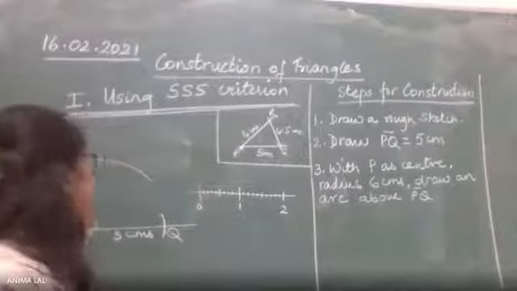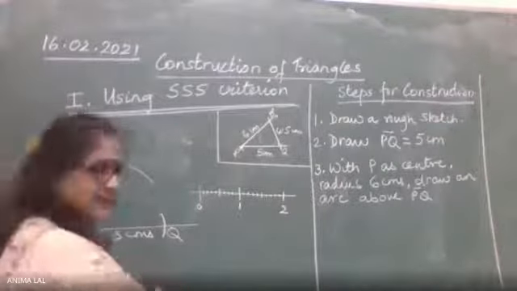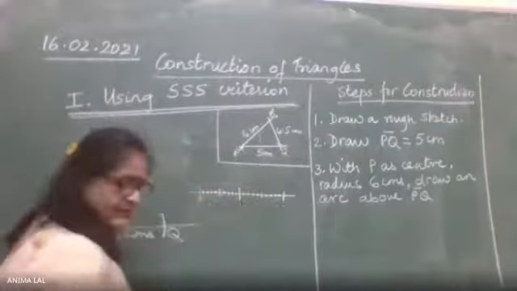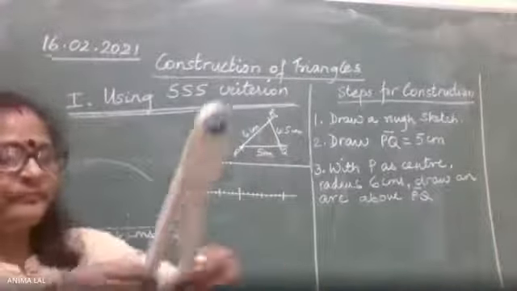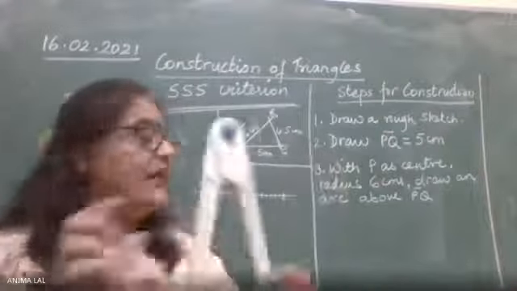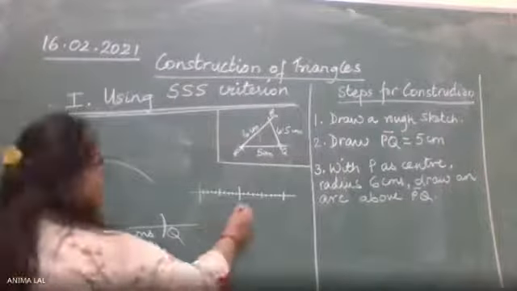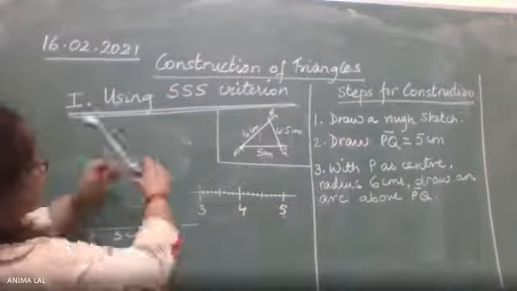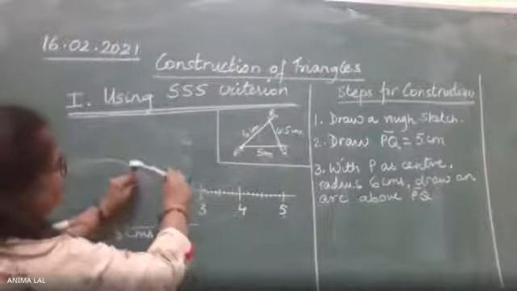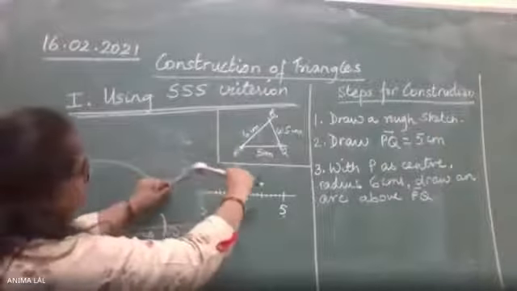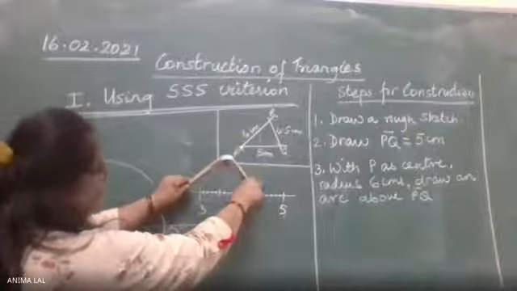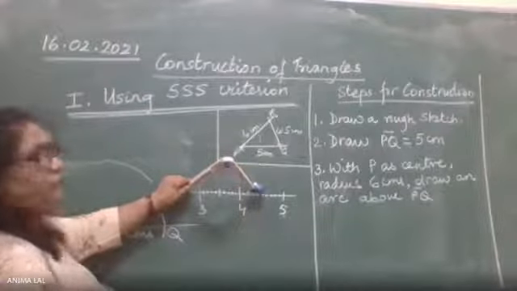Okay. So take your compass point at, sorry, at 0. Compass point will be at 0. Now, if this is 3, 4, and 5, your compass point is at 0. Open your pencil point in such a way that it reaches between 4 and 5.